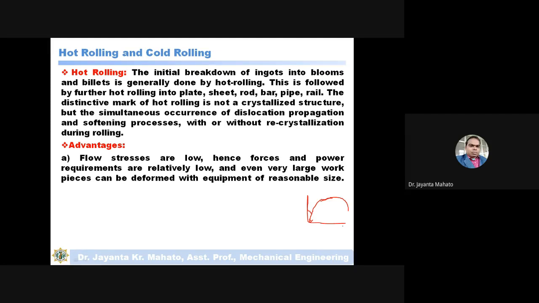All the stress values in the curve are flow stress. So yield strength and ultimate tensile strength are also flow stress. Less flow stress is required in case of the hot rolling process.